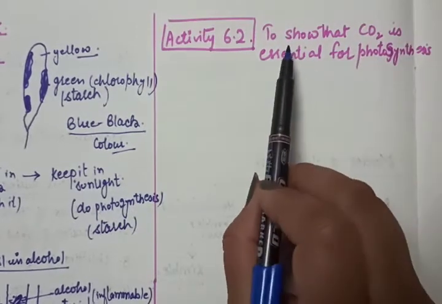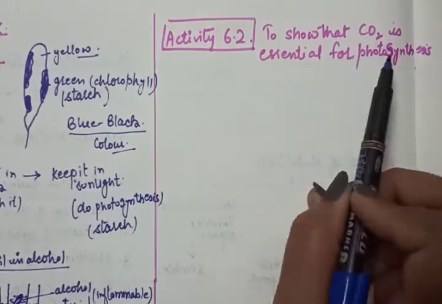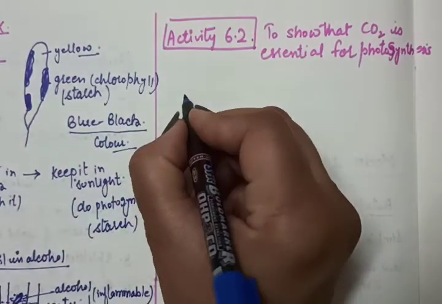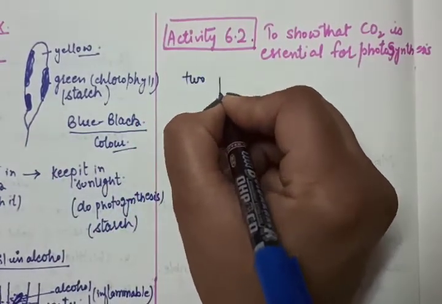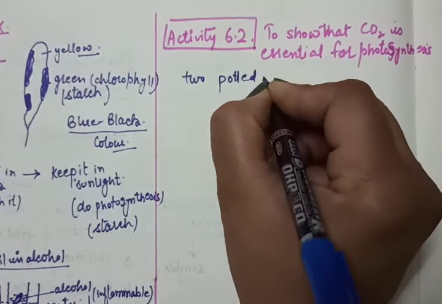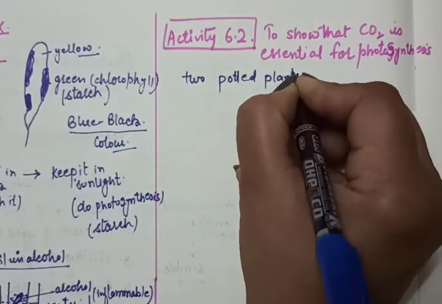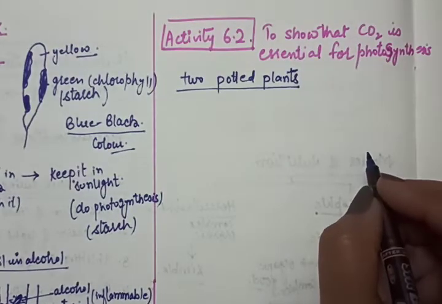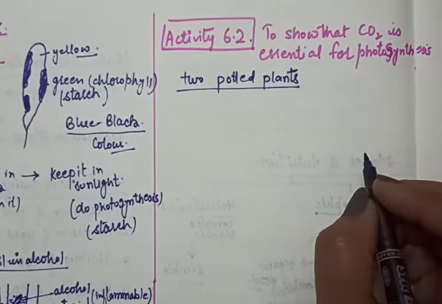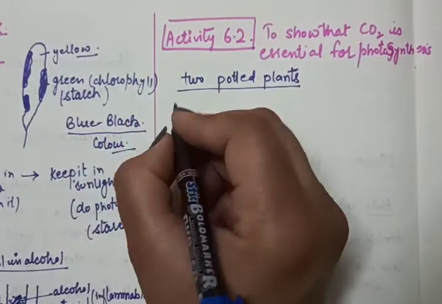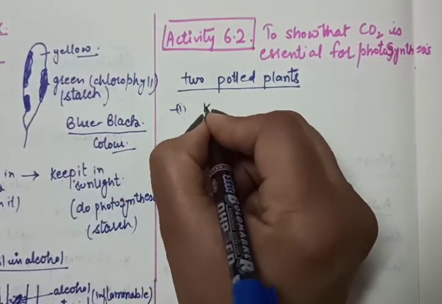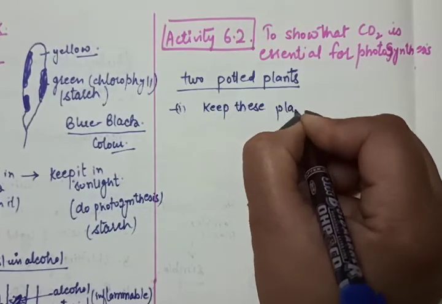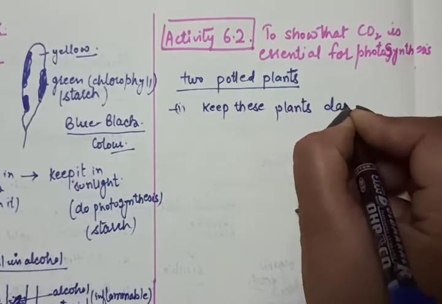This activity is to show that CO2 is essential for photosynthesis. So what will we do? We will take two potted plants, having only green colored leaves. First, keep these plants in dark.